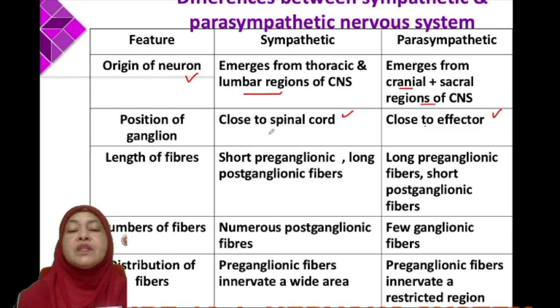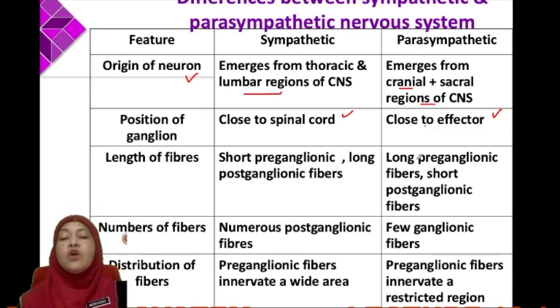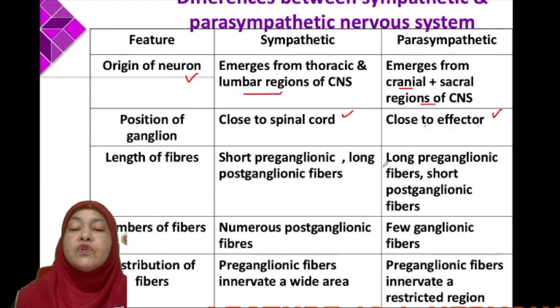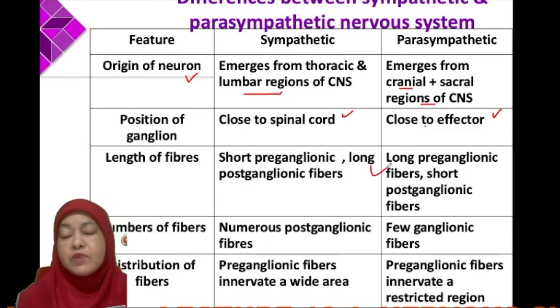The sympathetic has short preganglionic but long postganglionic fibers, vice versa for the parasympathetic, which has long preganglionic fibers but short postganglionic fibers. If you want to understand better, you must refer to the diagram that the teacher showed earlier.